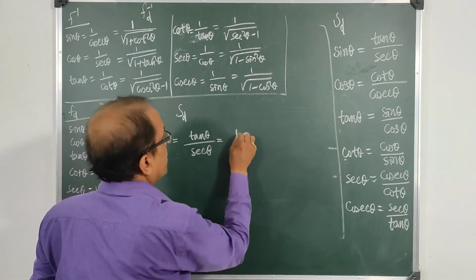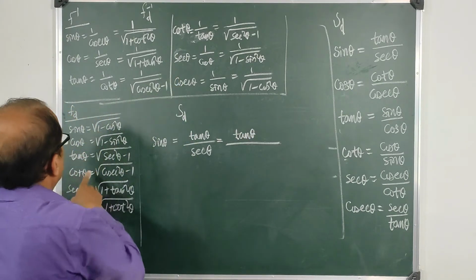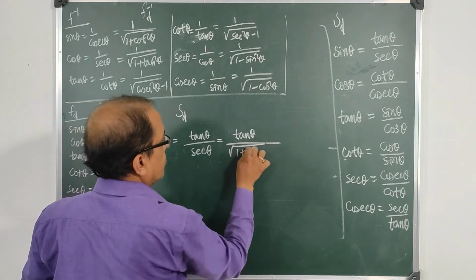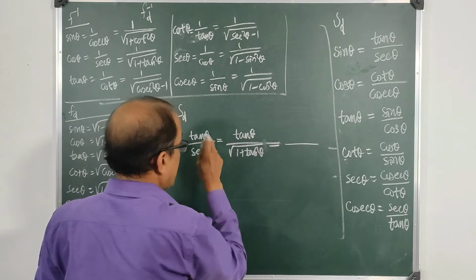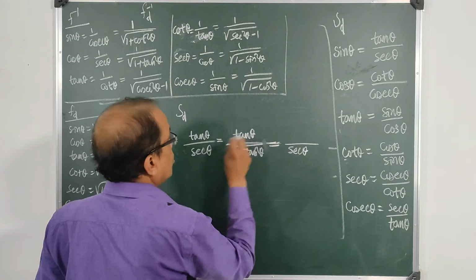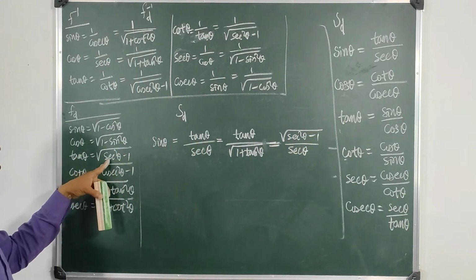So let us keep tan theta here and change sec theta. Sec theta is root over 1 plus tan square theta. And if I change the tan but keep sec, then this will remain sec theta and this will be root over sec square theta minus 1, as you find it here.